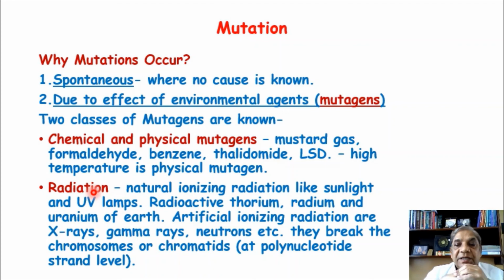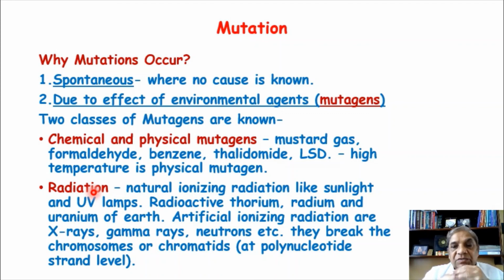They are all very well known physical agents, radiations known to cause ionization, and they are capable of causing not only point or substitution mutation, or frame shift mutation, but they may also break the chromosomes or chromatids, because they are quite fragile. As I told you when I was teaching the chromosome, they are quite fragile and can be broken with this ionizing radiation.